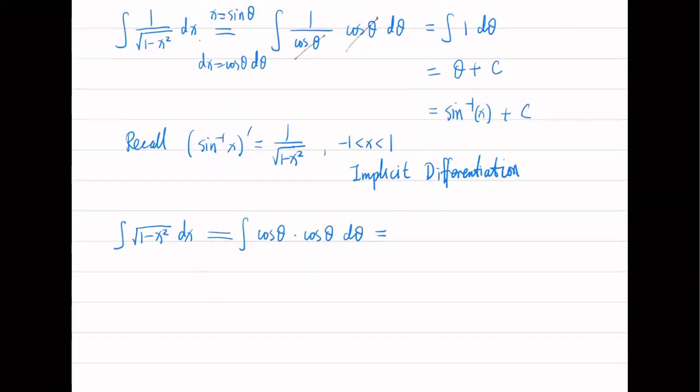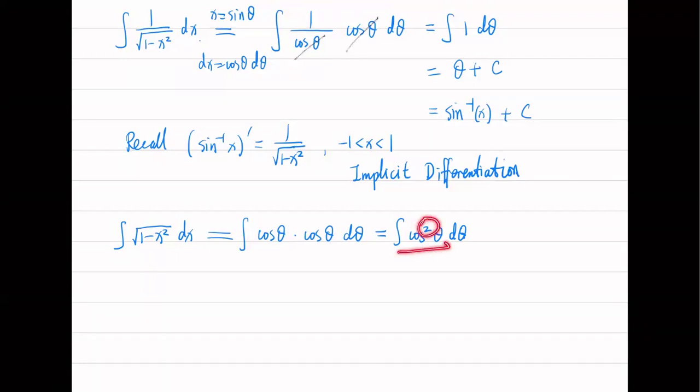How do we integrate the cosine square? Cosine square. So we want to reduce the degree. How do we reduce the degree?